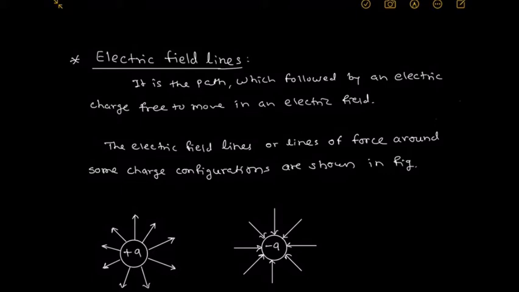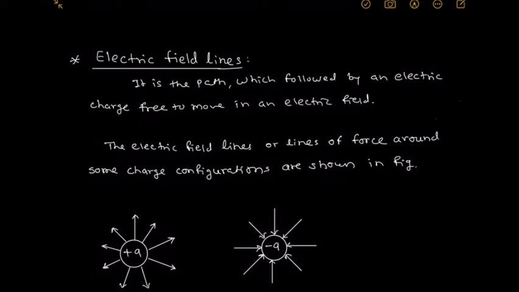In that electric field, if we draw a path which is followed by an electric charge, that path is nothing but electric lines of force. Hence, the electric lines of force or the field lines is defined as the path which is followed by an electric charge free to move in an electric field.